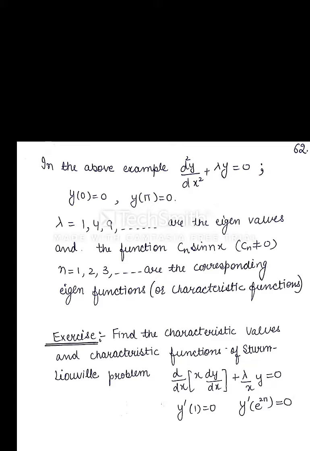In the cases of lambda equal to 0 and lambda negative, we are getting only trivial solutions. So the characteristic values will be lambda equal to 1, 4, 9 and so on, because these values give us the non-trivial solutions. And the non-trivial solutions Cn sin nx, when n is equal to 1, 2, 3 and so on, are the corresponding eigenfunctions.